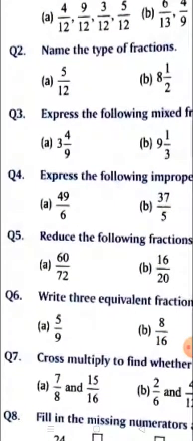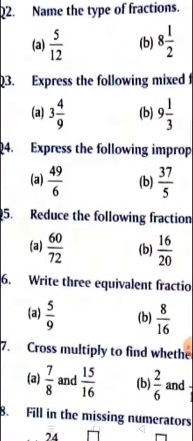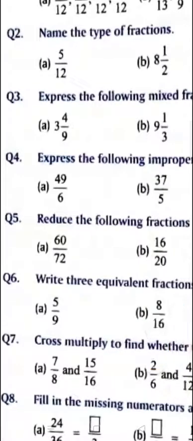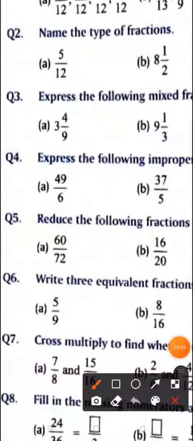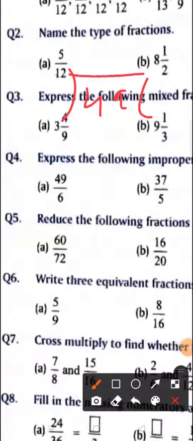Question 4. Express the following improper fraction as a mixed fraction. Very simple. This is an improper fraction. So how do you convert it into mixed? First of all, you have to divide. In the table of 6, how many times does it go? 6 8s are 48, so 8 times.